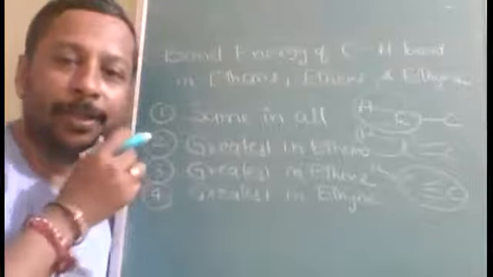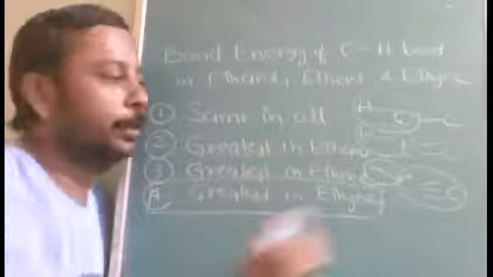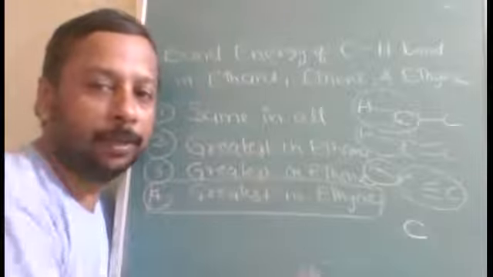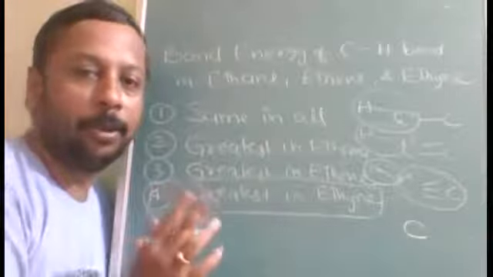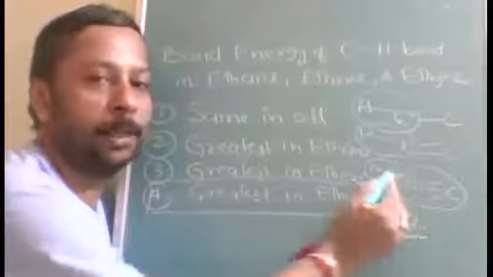Okay. The question is related to C-H, but still the answer is greatest in ethyne. Why? Because in C-H only two hybrid orbitals are formed. How many hybrid orbitals? Only two hybrid orbitals are used. sp hybridization.